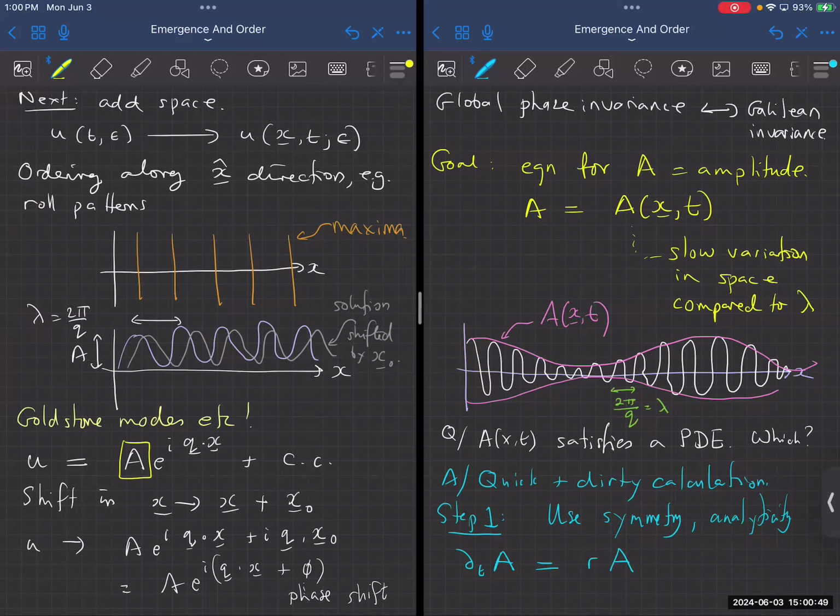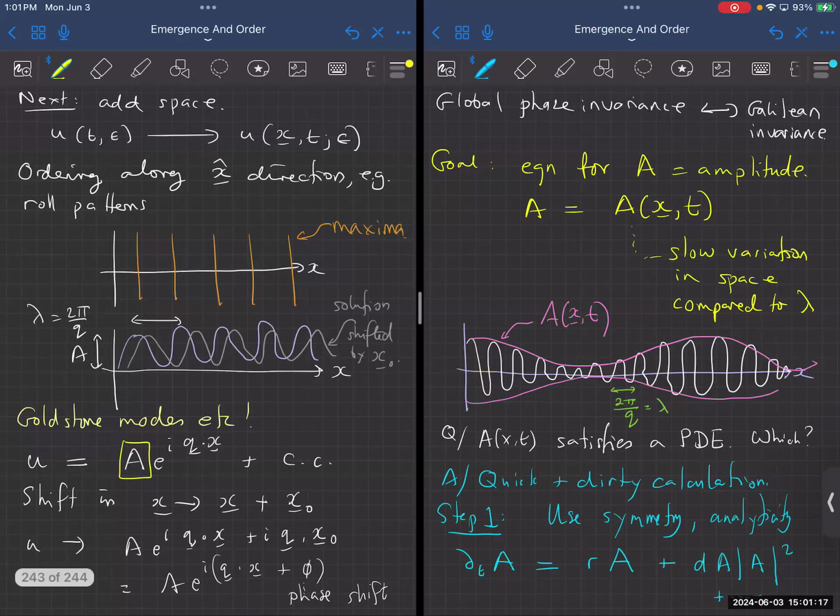So there's going to be a term that is linear, but then there's going to be a term that is nonlinear. And how is that term going to look? Well, it has to be invariant under phase rotations. So if it's invariant under phase rotations, then it has to have the form A times the absolute value of A squared, plus higher orders.